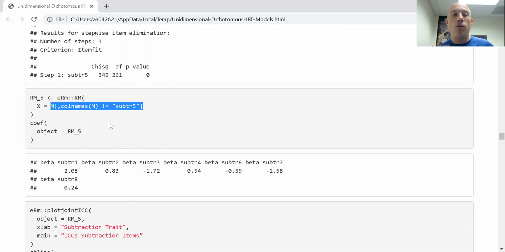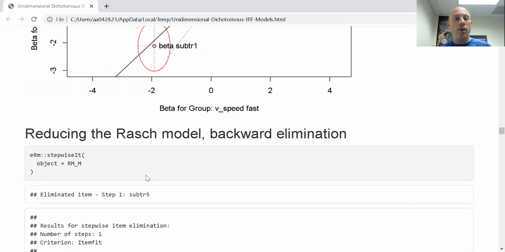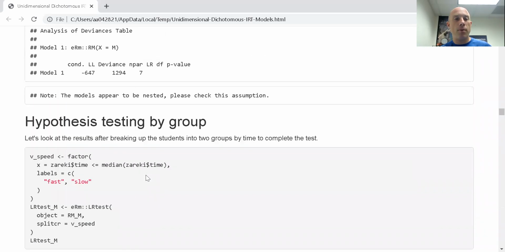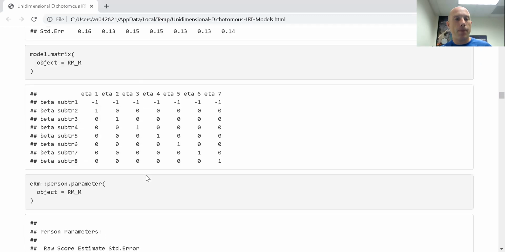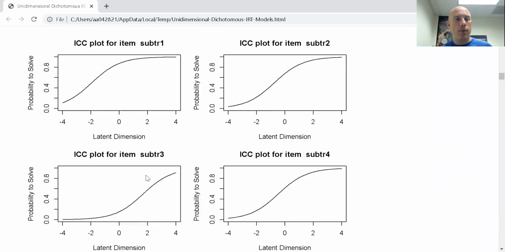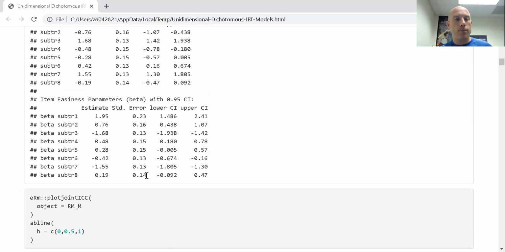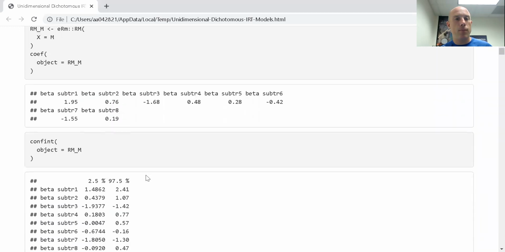I'm just dropping it into the ratio model in the eRm package, and I get my coefficients. Let's take a look at number 3. It's negative 1.7 here. I go back up: number 3, negative 1.68.